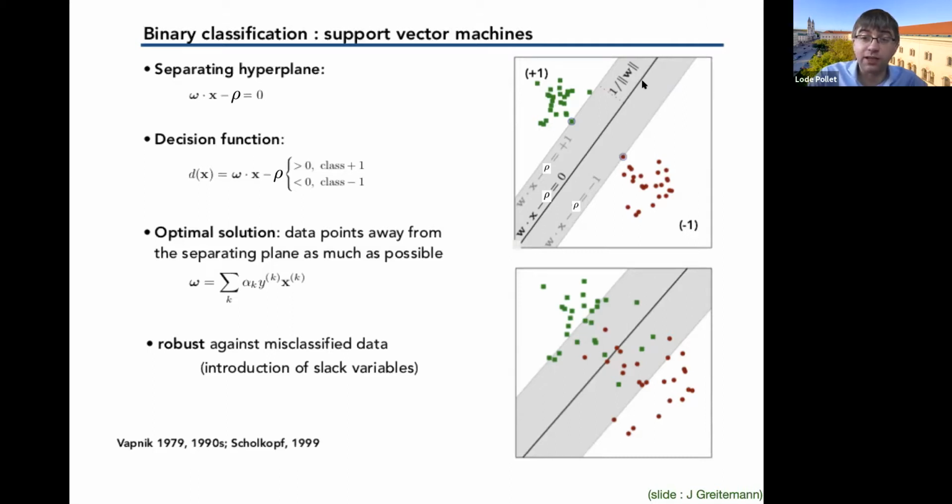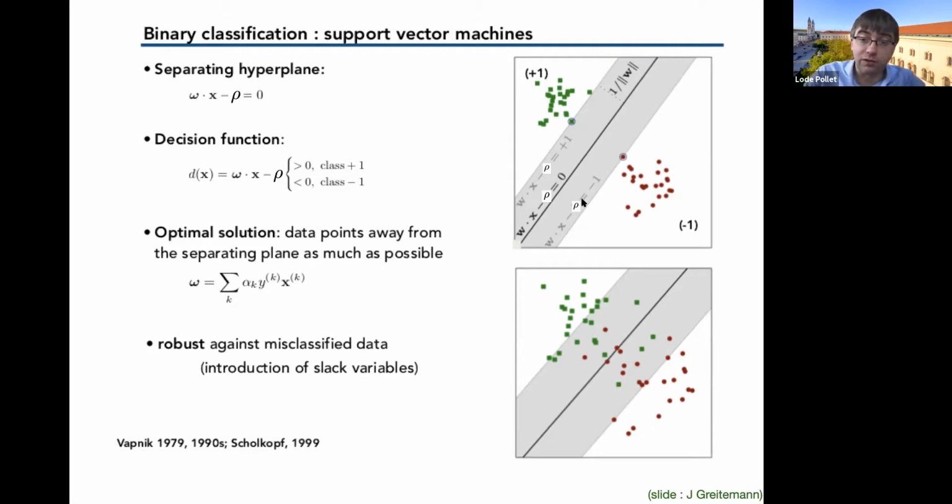So find a way to classify them by defining this hyperplane, Wx minus rho equals 0. And this is done in such a way that you try to maximize the distance to the nearest points of each phase.